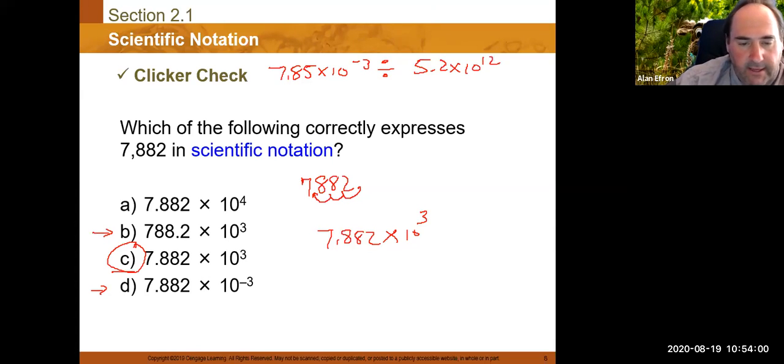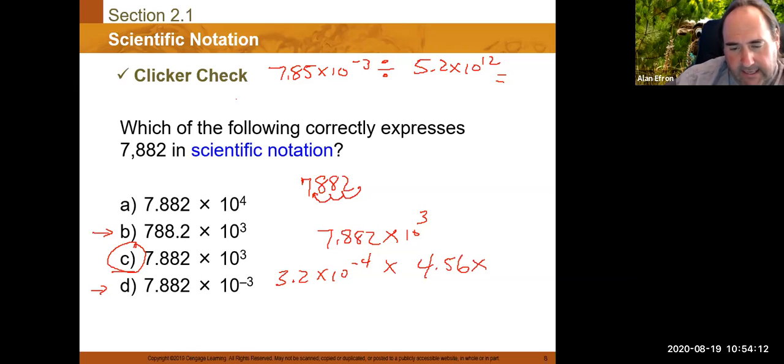And then also 3.2 times 10 to the -4 times 4.56 times 10 to the 6. Let's see what you come up with. Take a second, grab your calculator. I will as well, since I just made it up, to make sure we get the same answer. Again, make sure that you use your exponent button. You should not be using any multiplication buttons when you're typing the number in, just your exponent button.